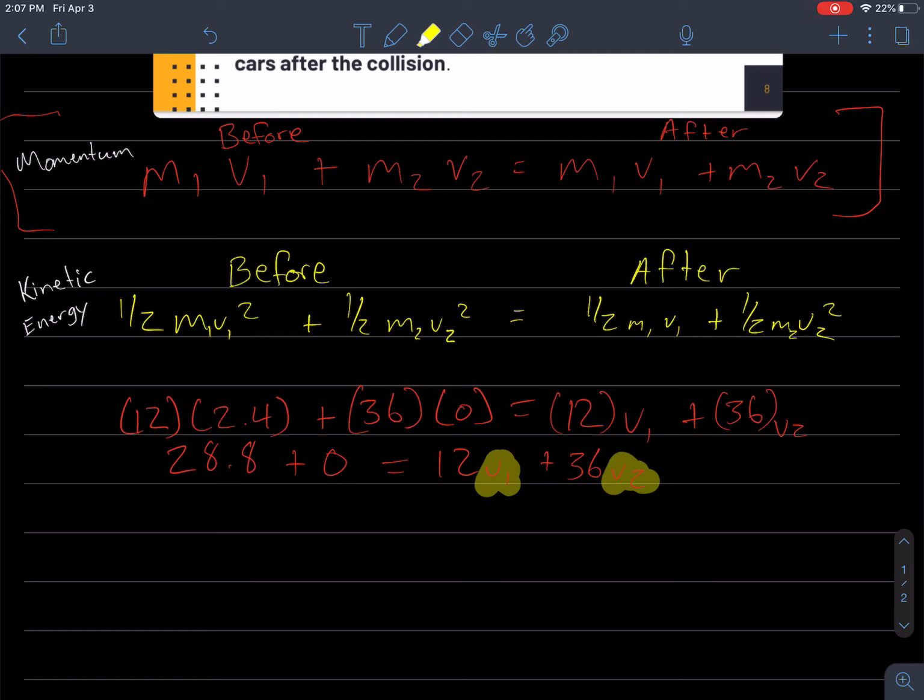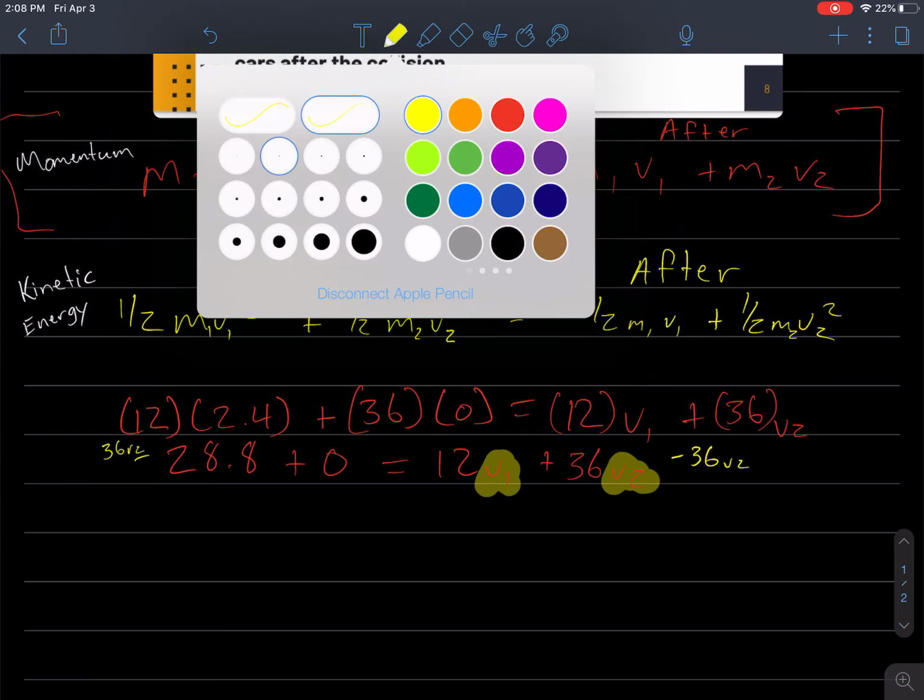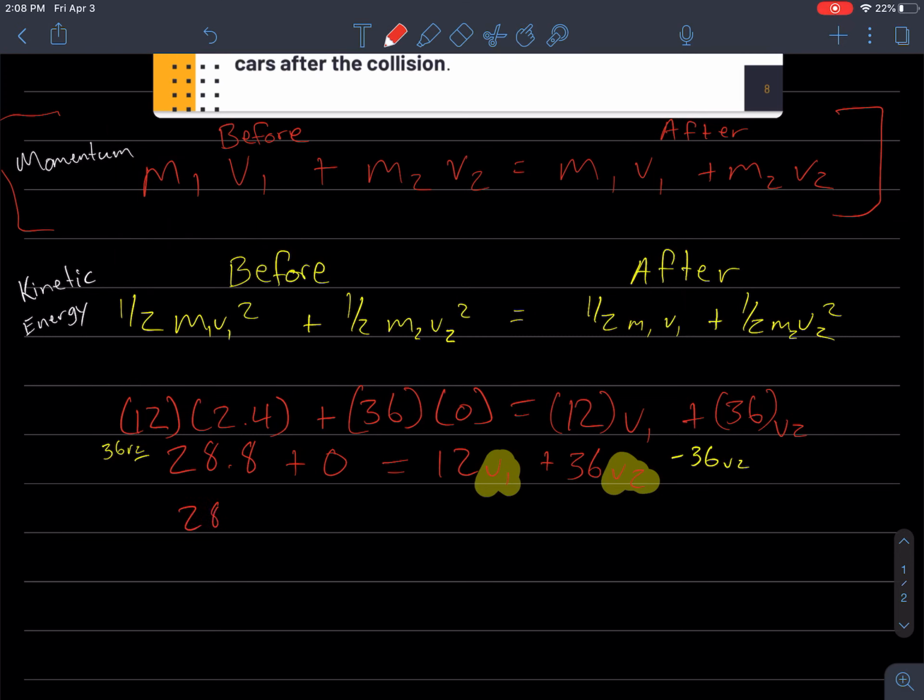So what I'm going to do is I want to get that velocity 1 by itself. So I am going to subtract 36 v2 from both sides. So then I end up with 28.8 minus 36 v2 equals 12 v1.